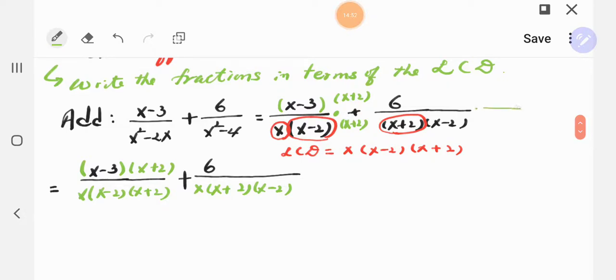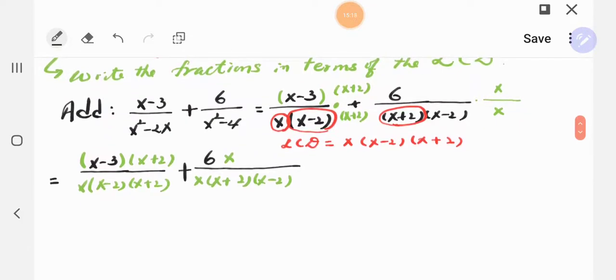So here we have x plus 2 and x minus 2 in the denominator, in the LCD, but x is missing. Since x is missing, you multiply the numerator by x. So the numerator becomes 6x, and the denominator is the LCD. This is a very important step.